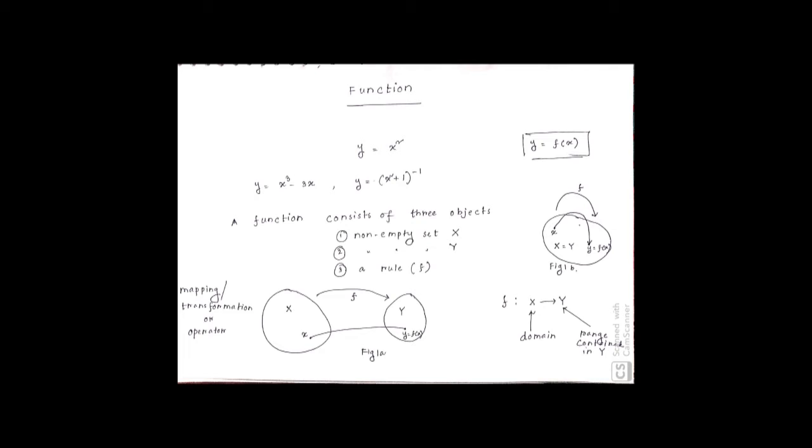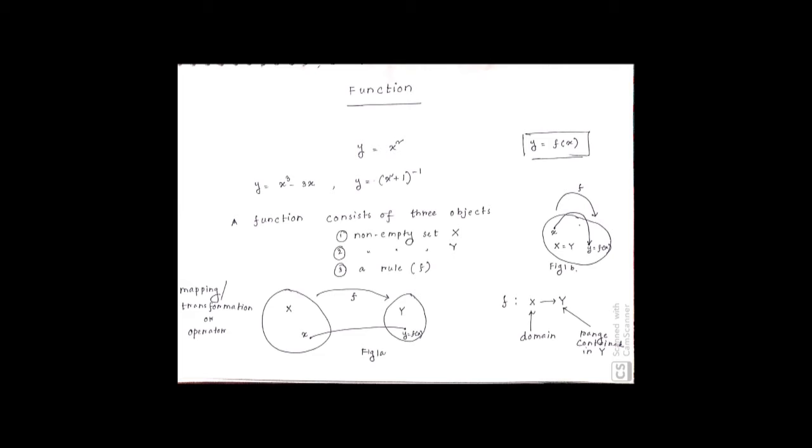If we now remove even this restriction and allow X and Y to be completely arbitrary non-empty sets, then we arrive at the most inclusive concept of a function. So we move on from number sets to any abstract set, and in this case we get an inclusive concept of a function.